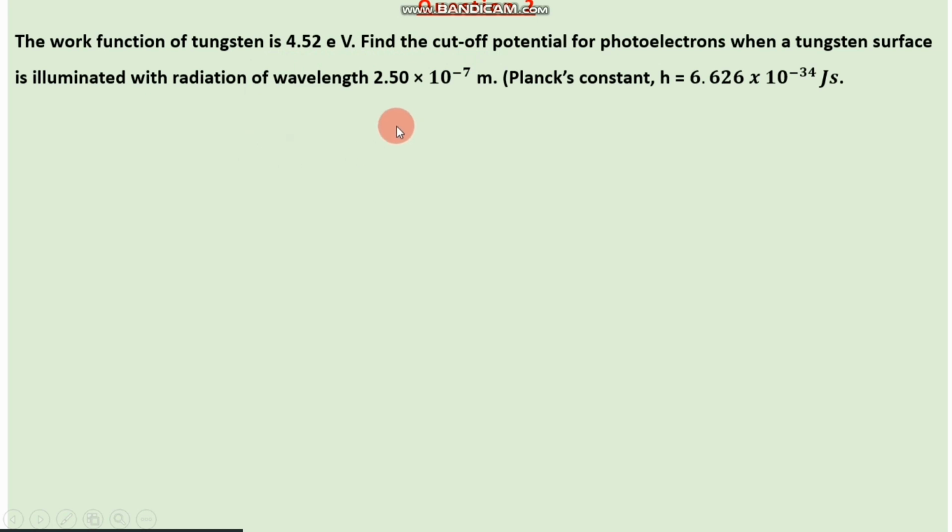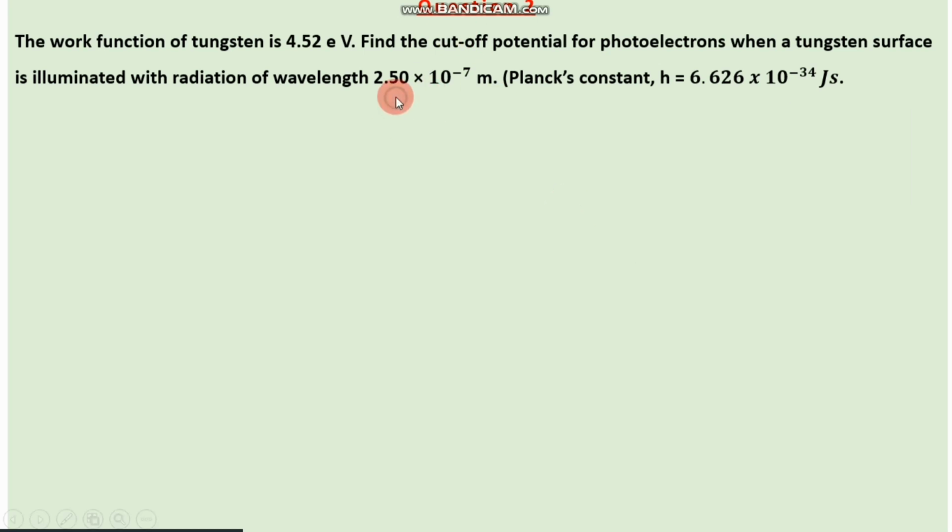In such a situation, some of the energy is used to cause the photoelectric effect, and the excess energy is converted to kinetic energy, which moves electrons away from the metal surface. So we are going to solve that question.